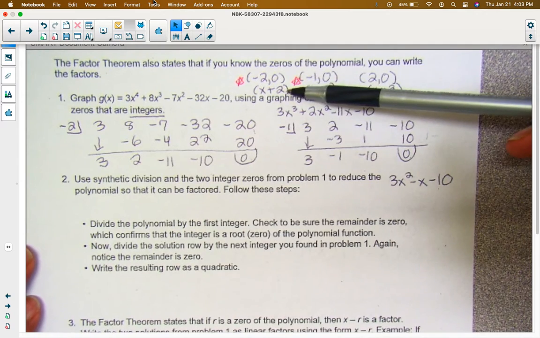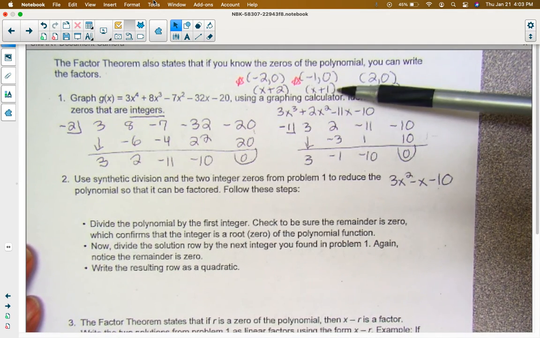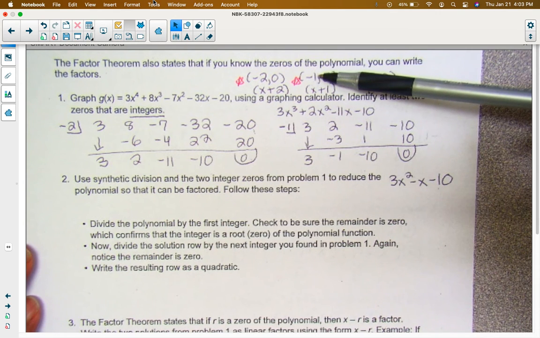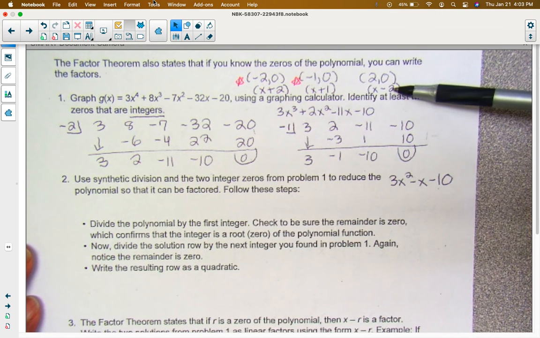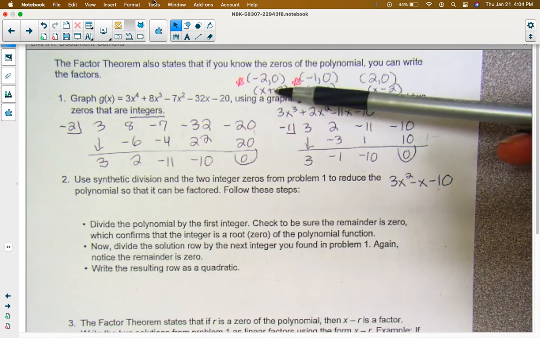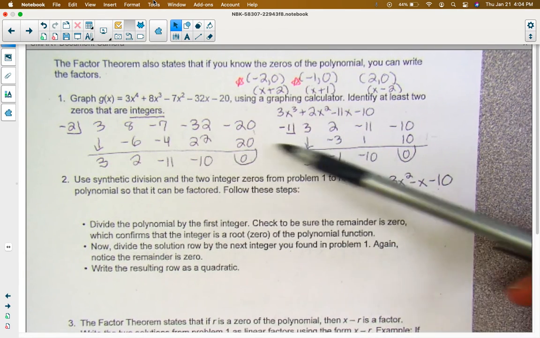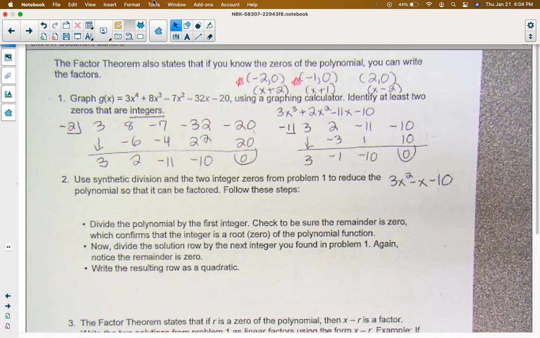So x plus 2 we got from the calculator because it crossed at -2. x plus 1 was a solution because we got it from the calculator. And then x minus 2 we got from the calculator. So our 4 factors, we've already used x minus 2 and then 3x plus 5 from the factoring. So these 2 are my other factors. The 2 that we did synthetic division on are our other factors.